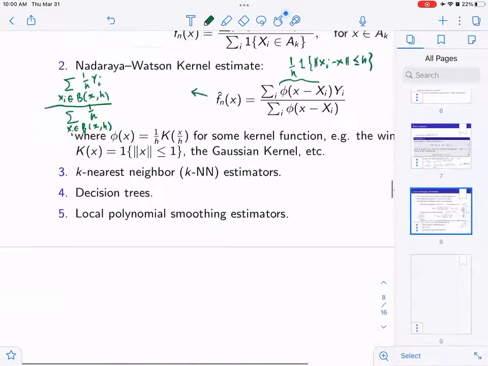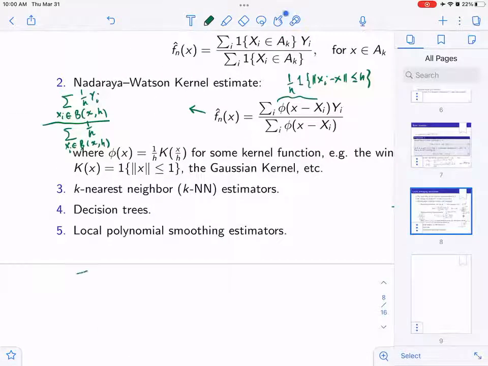The 1 over h goes away, so you get the sum of y_i, for x_i in the ball, divided by just the cardinality of this set, the set of all i such that x_i belongs to B(x, h).